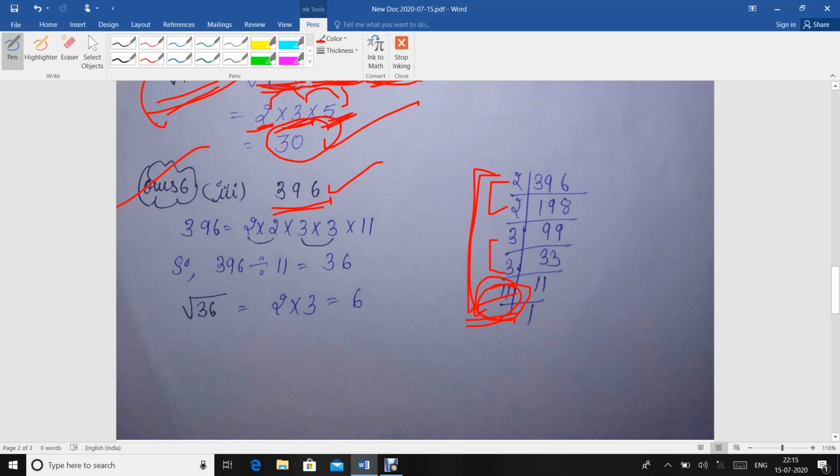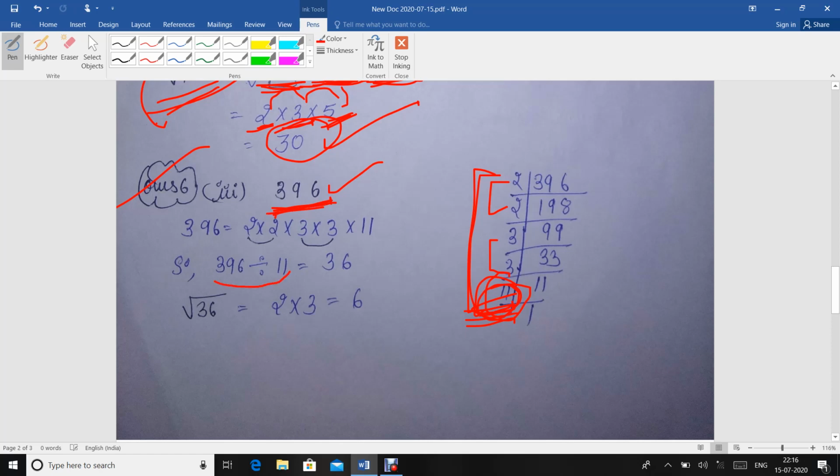So in this question we have to divide 396 by 11. Always memorize that we will divide the given number by the number which is not making any pair. So here 11 is the number which is not making any pair. So we will divide 396 by 11.